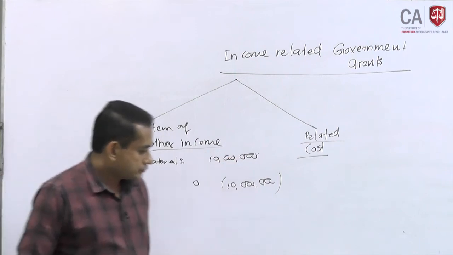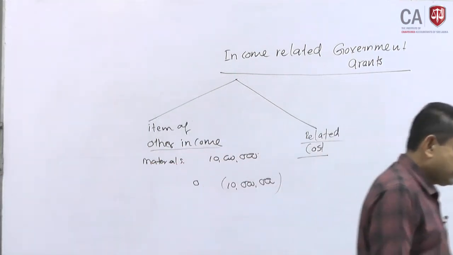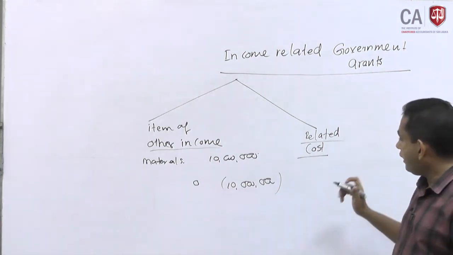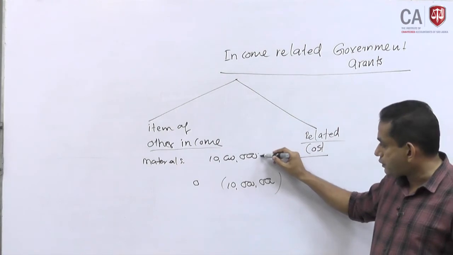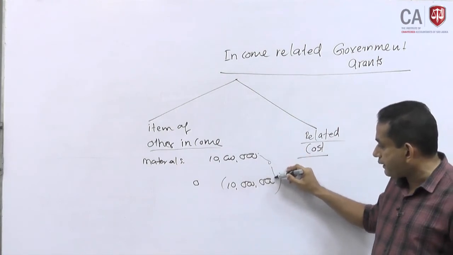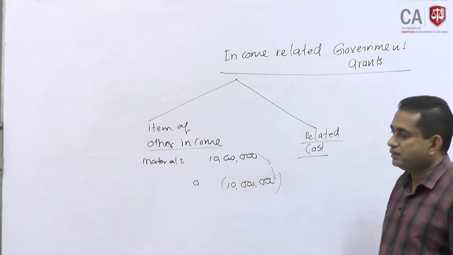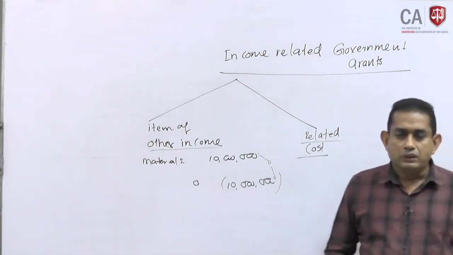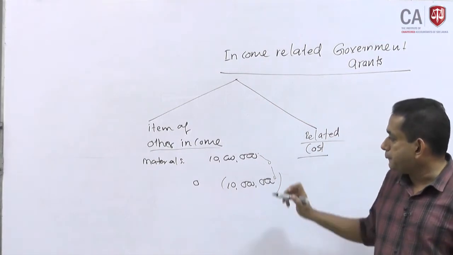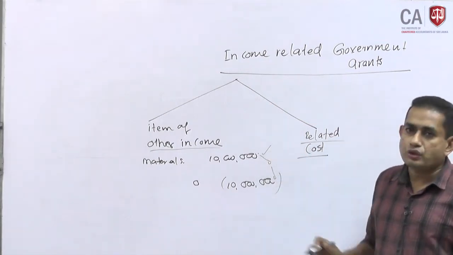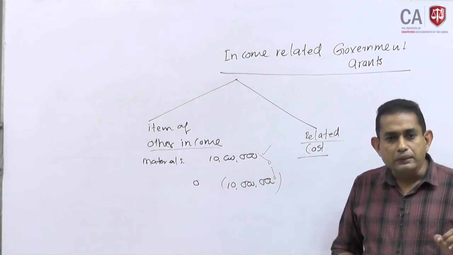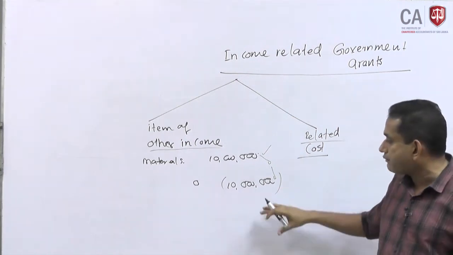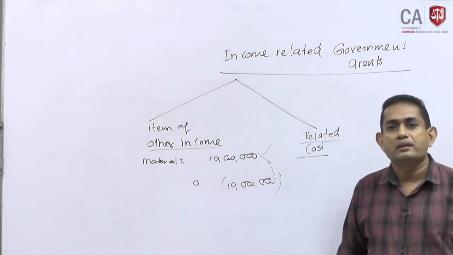But then people who favor the other method, where the related cost of 10 million can be negated against the grant of 10 million, what they say is that even the business wouldn't have been in existence unless the government gave this support. Why?